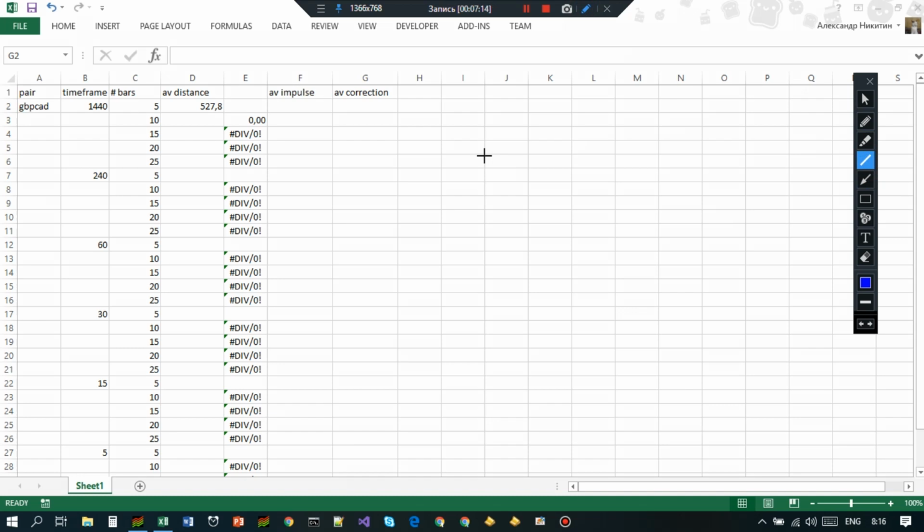So if I have this line from here to here, and this would be a correction size, and these two will be my impulse size. Impulse, correction. Yes?